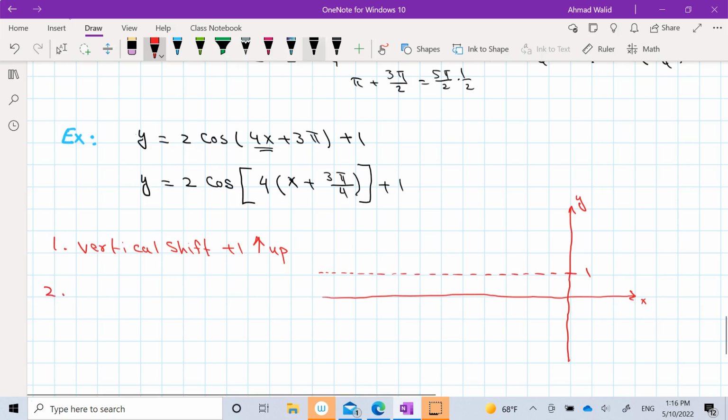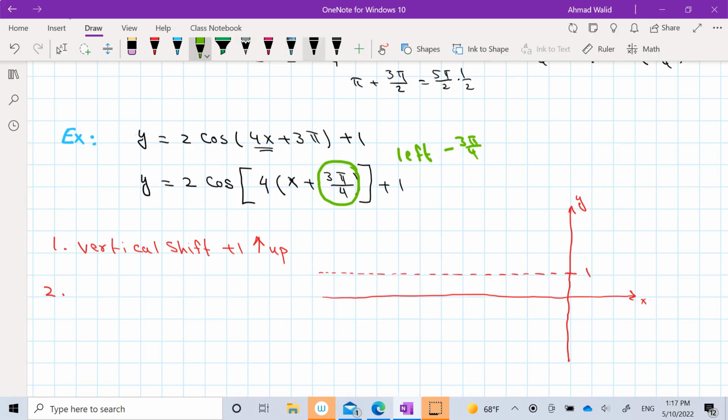Step number 2, you are dealing with horizontal shift, correct? How much is your horizontal shift? Look at only this number. Positive 3 pi over 4. Opposite sign. It means you shift left by negative 3 pi over 4.